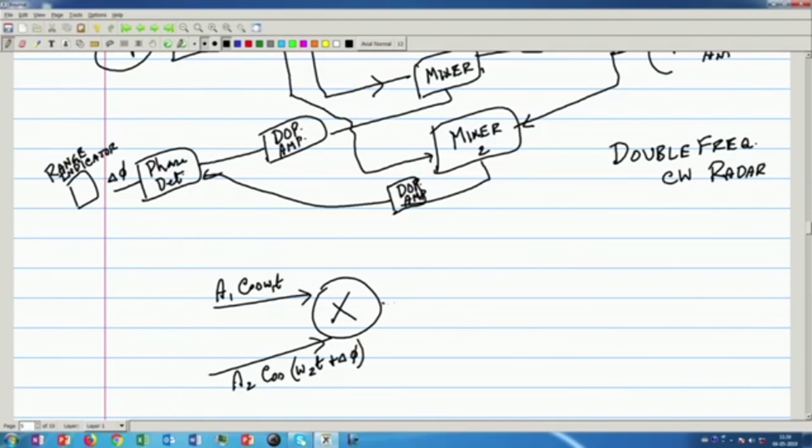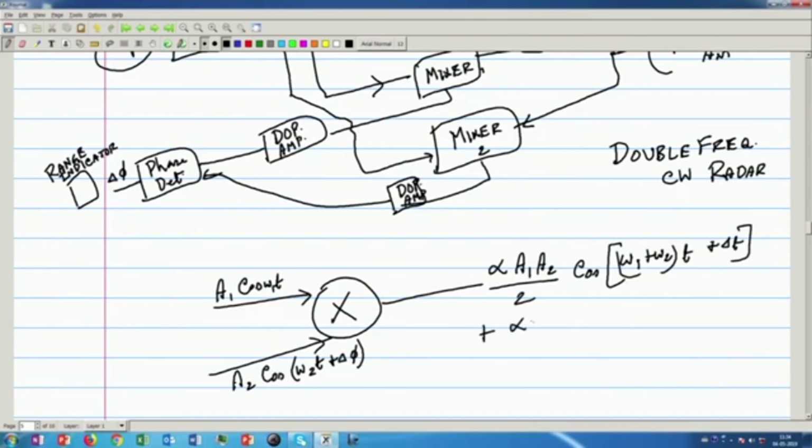It will give you, with alpha as some constant I am assuming, alpha A1 A2 by 2 cos((omega 1 plus omega 2) t plus delta phi) plus alpha A1 A2 by 2 cos((omega 1 minus omega 2) t minus delta phi). After this you put a filter.